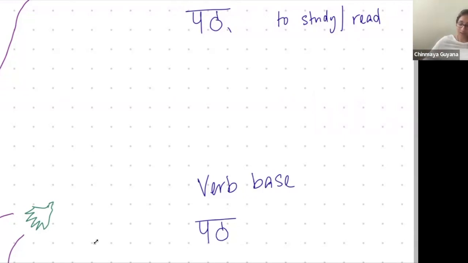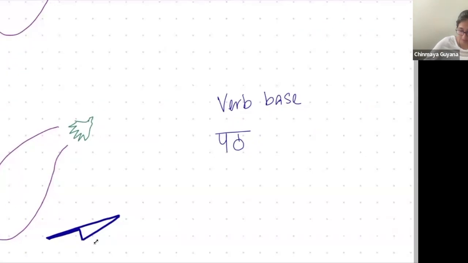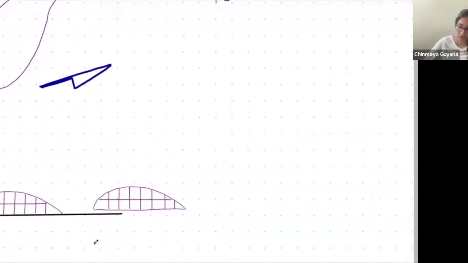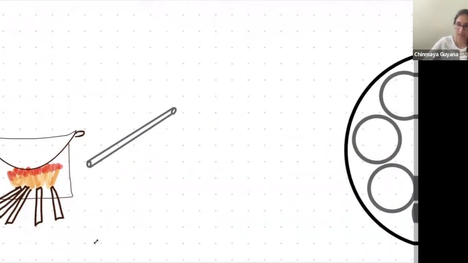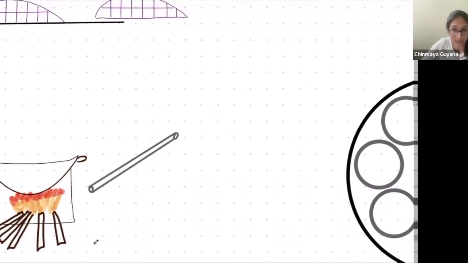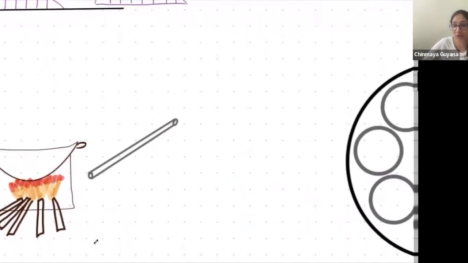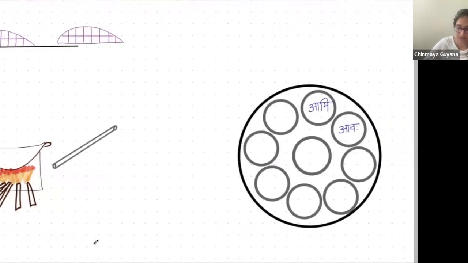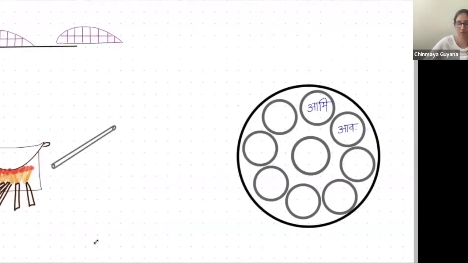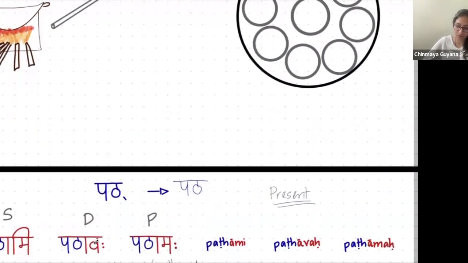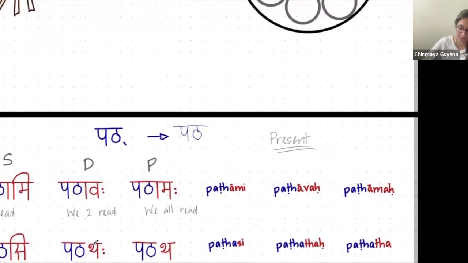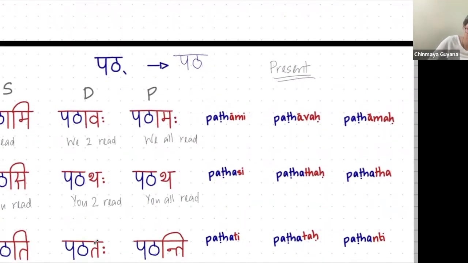Now that you have your verb base, what you do is you divide it into 9 pieces and you add your respective masalas. I'm not going through the example, we're going through the content for verbs. So you have bud, the verb root, it becomes bodha, the verb base.